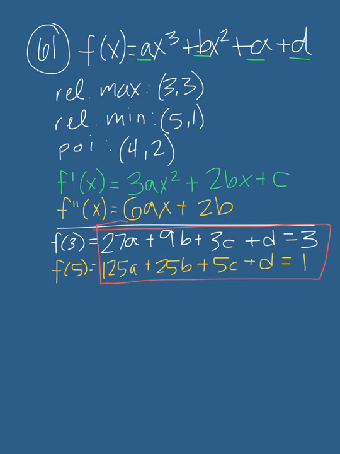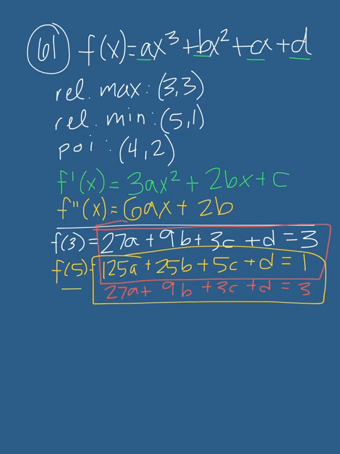So I think I would actually like to do the 125 minus this one just so that my numbers stay positive. So notice I'm just recopying down that equation from above right here, and I'm going to take these 2 and subtract them. And I'm allowed to do that as long as I do it all the way across.